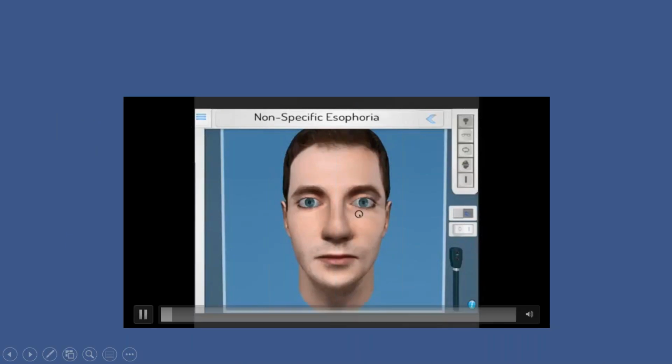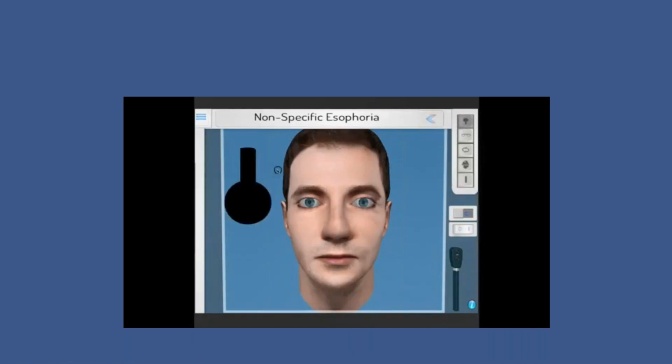Welcome to this demonstration of how to test for phorias, both esophoria and exophoria. As we saw in the previous video, cover testing is ideal to look for tropias, manifest deviations, whereas phorias are only picked up by cover-uncover testing and in extreme cases by the cover test. Let's demonstrate here. We will cover this patient's left eye and we see absolutely no movement of the right eye, and when we uncover there is again no movement of either eye.